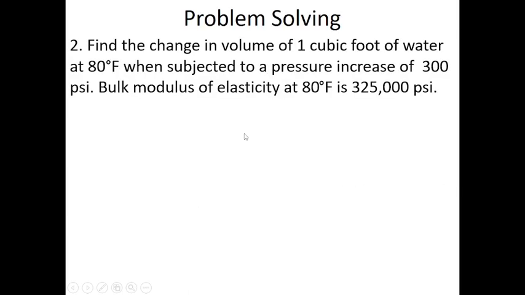So problem 2, find the change in volume of 1 cubic foot of water at 80 degree Fahrenheit when subjected to a pressure increase of 300 psi. The bulk modulus of elasticity at 80 degrees Fahrenheit is 325,000 psi. So required, the change in volume. Yun ang ating concern.